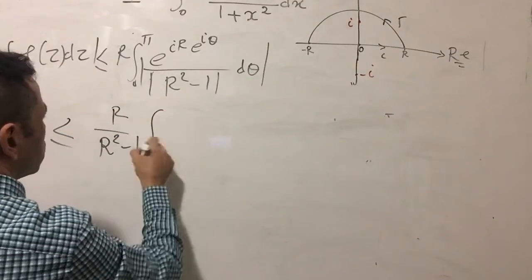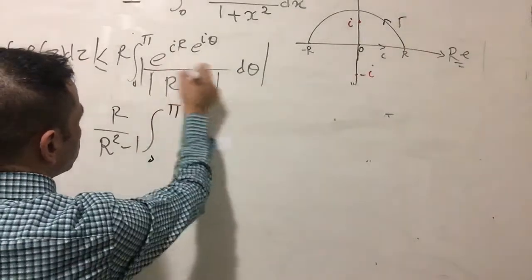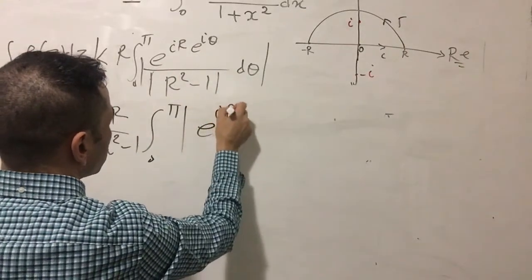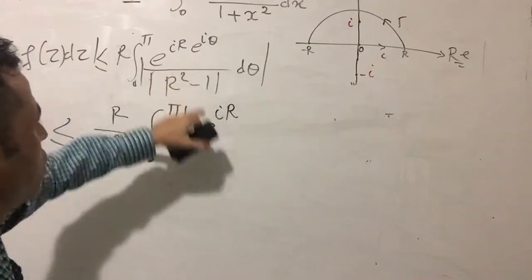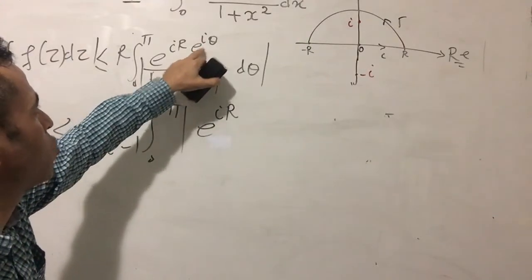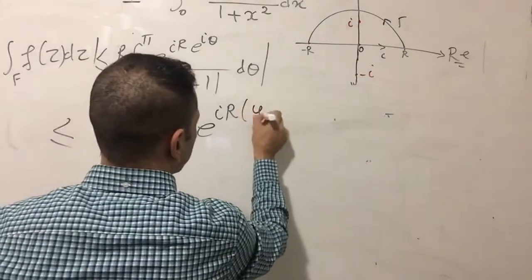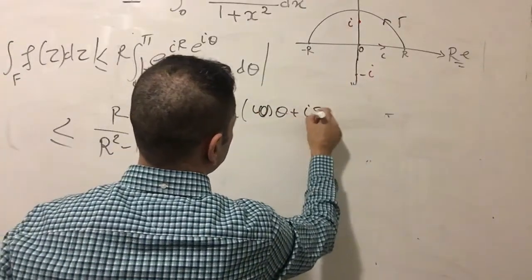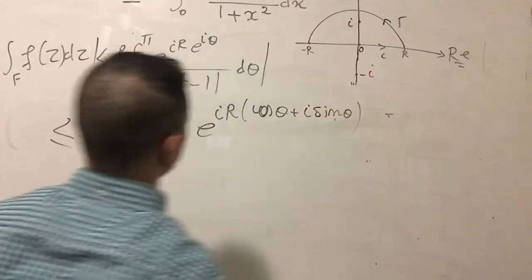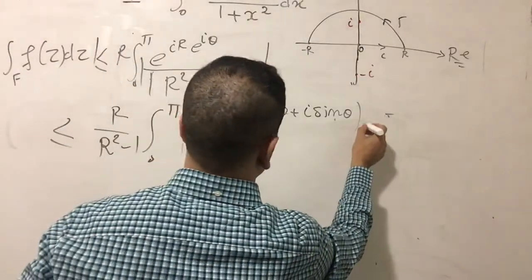So I will have this from 0 to pi, absolute value of this term e to the i r e to the i theta, where I replace e to the i theta by cosine theta plus i sine theta, the Euler formula, d theta.